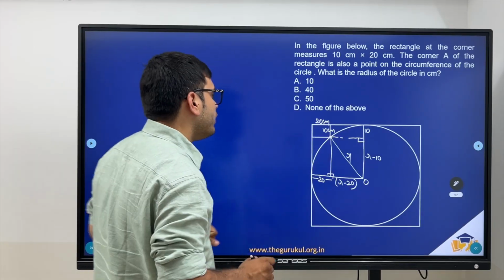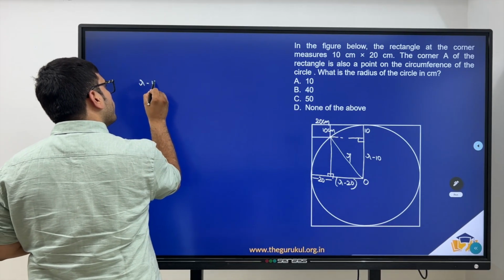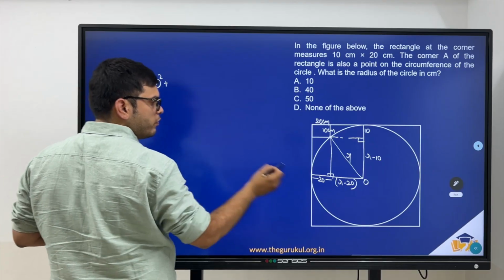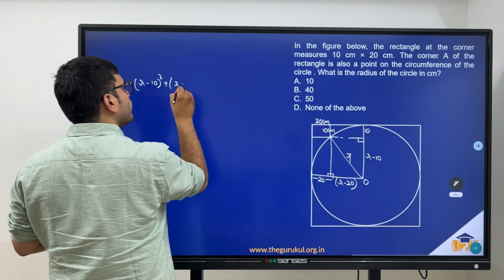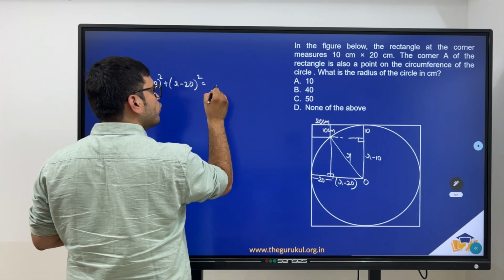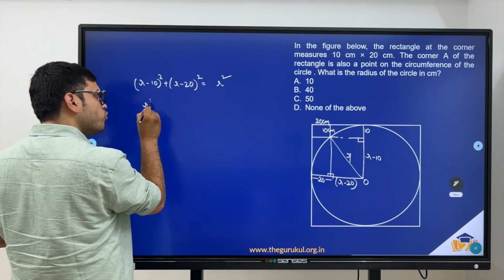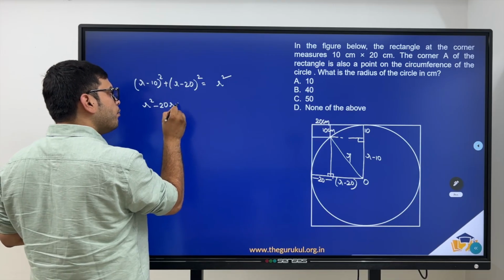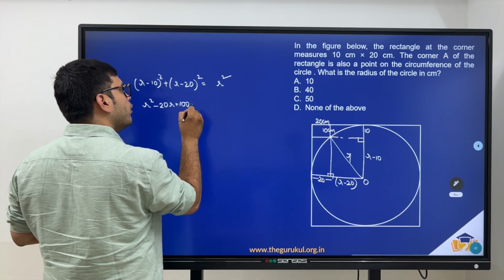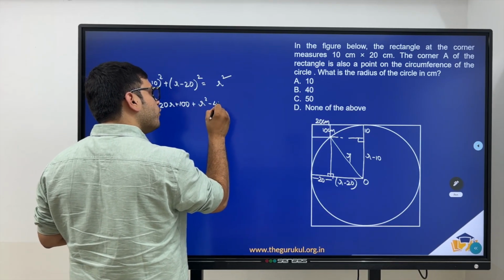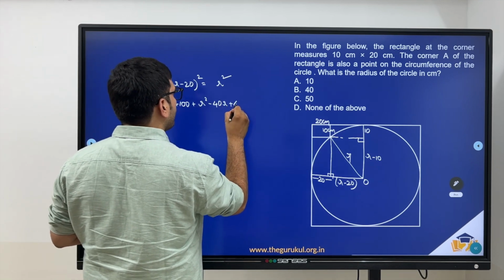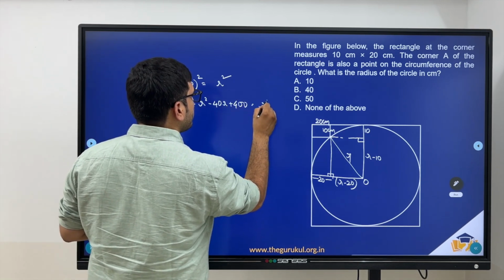Now this is r minus 10. So r minus 10 whole square plus r minus 20 whole square is equal to square of the hypotenuse r square. Now on expanding this, we'll have r square minus 20r plus 100 plus r square minus 40r plus 400 is equal to r square.